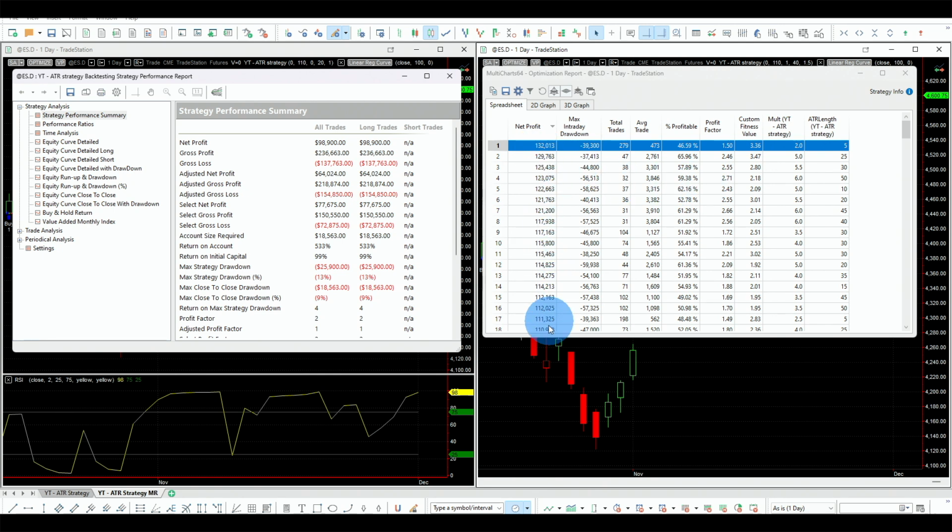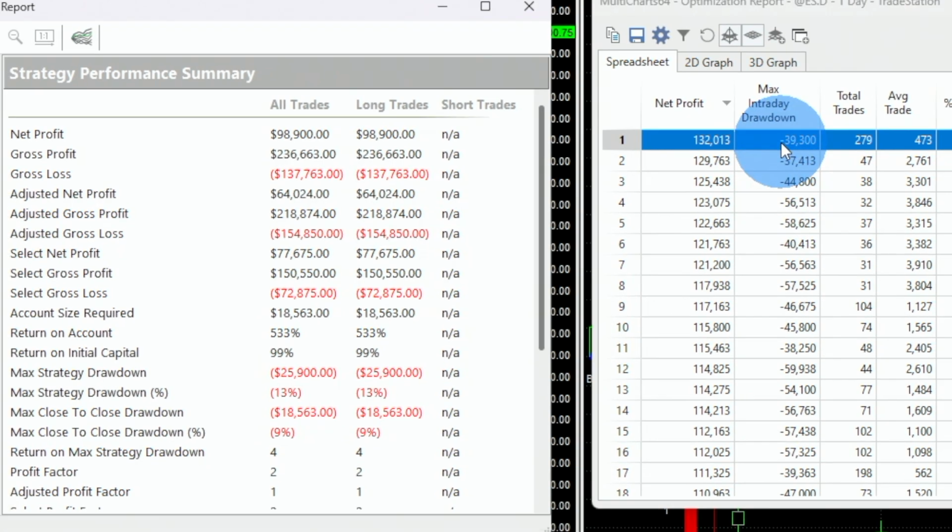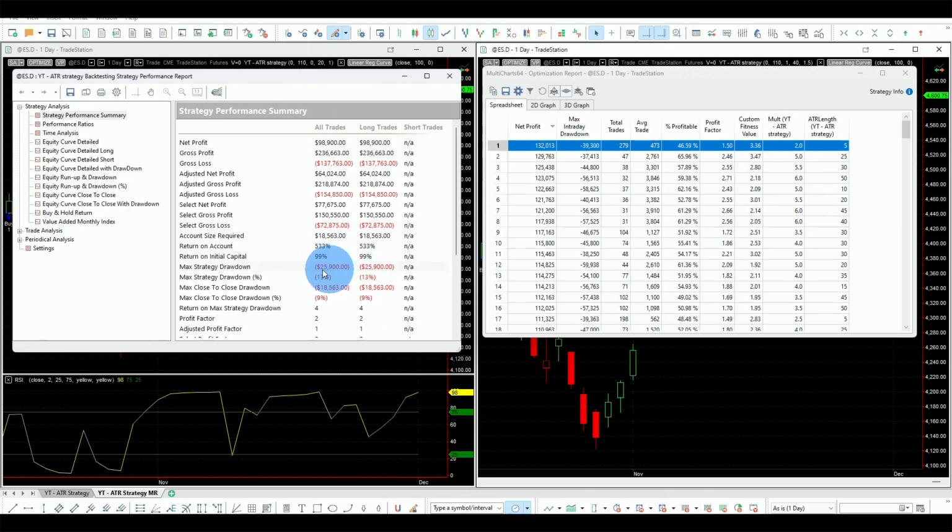And we have many strategies that beat this number, but none of the top strategies beats the drawdown. So we see here we're making almost 100,000, 130, 929, 25, all the way to 110. But all of them make almost 1.5 to 2 times the drawdown. So yes, we make more money, but we suffer in the drawdown.